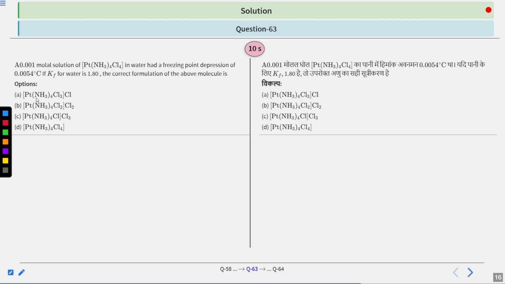Options are, in the first case we have [Pt(NH3)4Cl3], then outside the coordination sphere we have Cl. Then in the second case we have [Pt(NH3)4Cl2], outside the coordination sphere we have Cl2. Option number C, [Pt(NH3)4Cl], outside the coordination sphere we have Cl3. And option D is [Pt(NH3)4]Cl4. So you have 10 seconds to solve this question. Your time starts now.